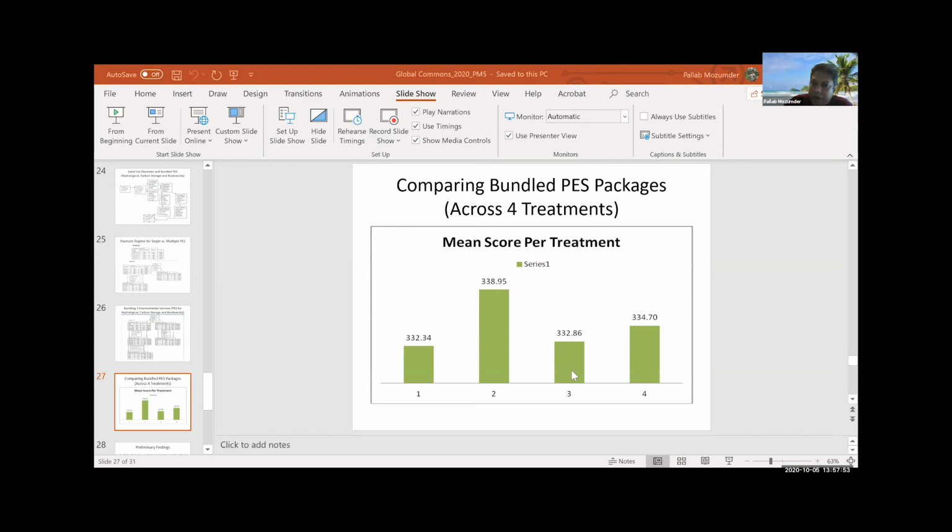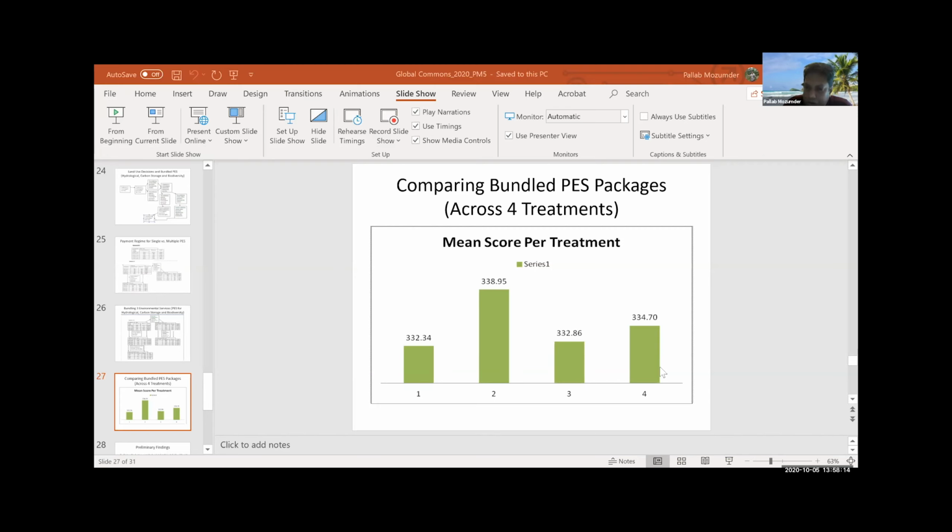Number two, bundling payment for hydrological plus carbon sequestration, looks much more preferred, and that generates a higher score. So bundling two services is more preferred than bundling three, even though it generates more benefits and revenues, because it also obligates them into a long-term contract.